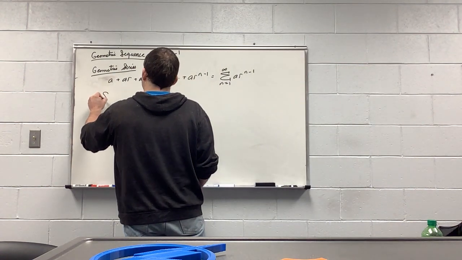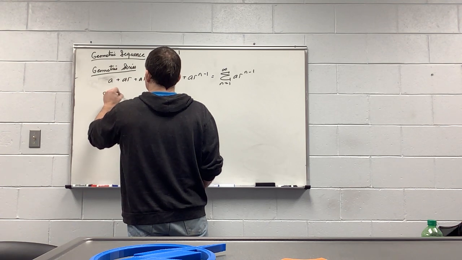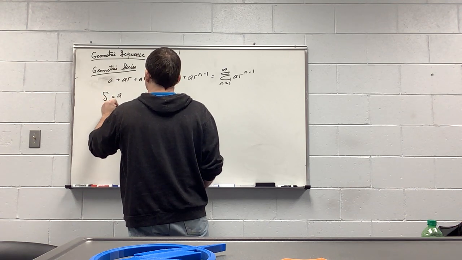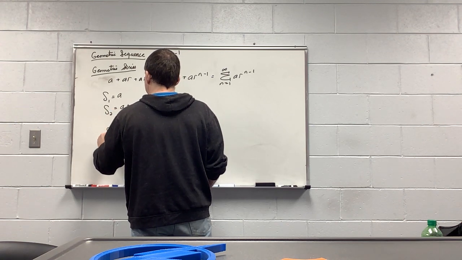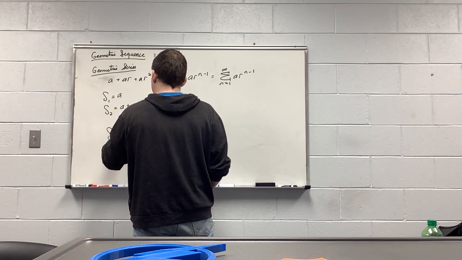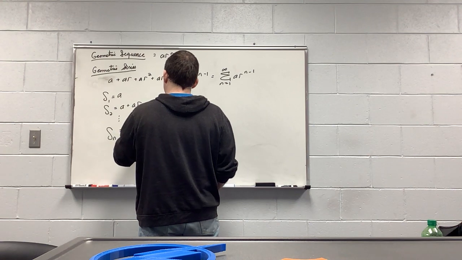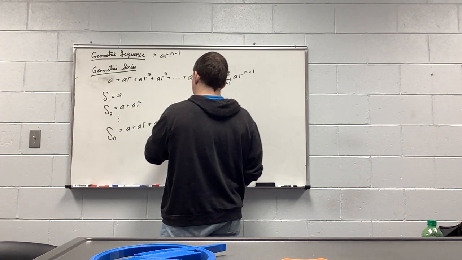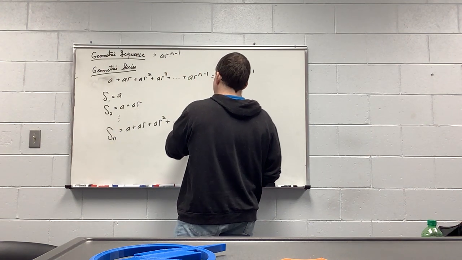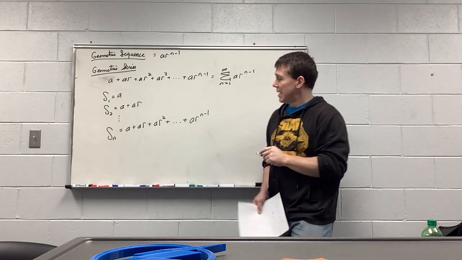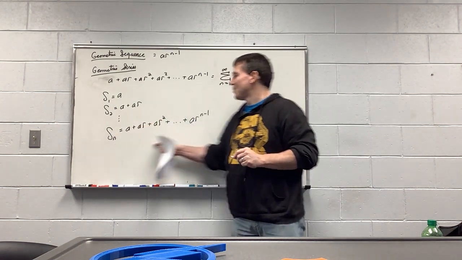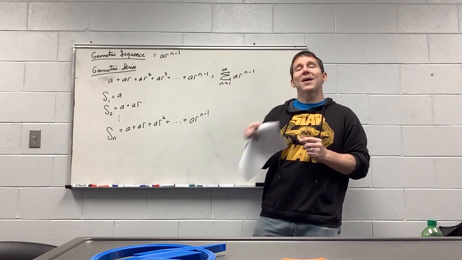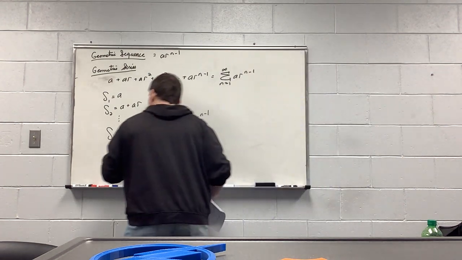So, S sub 1 would just be a. S sub 2 would be a plus ar. And now I'm just going to jump to S sub n would be a plus ar squared plus ar to the n minus 1. Now I'm just going to look at this term right here, and I'm going to multiply the whole thing by r.